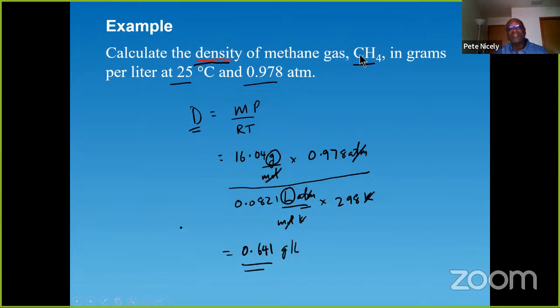If you add up the molar masses of carbon and hydrogen according to this formula, you're going to get 16.04 grams per mole, multiplied by the pressure, which is 0.978 atmospheres, divided by the R value, which is always 0.0821, times the temperature, which is 25 degrees Celsius. That converted to Kelvin will give us 298 Kelvin. And then when you do your number crunching, you're going to end up with your answer being equal to 0.641 grams per liter. And that's basically how that is done.